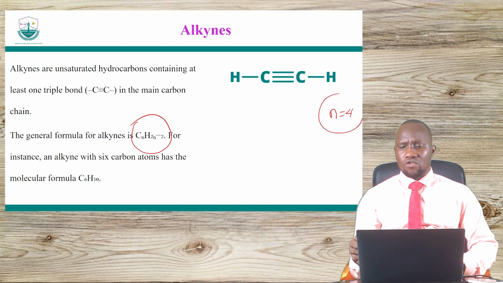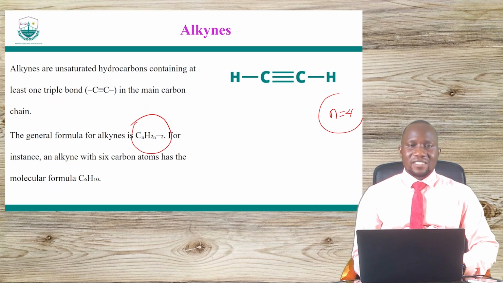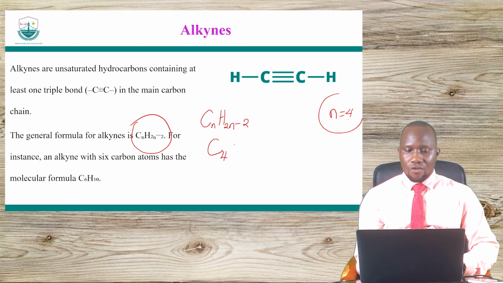If n is equal to 4, what alkyne will you have? So if n is equal to 4, with our general formula of CnH2n minus 2, if we assume that n is 4, you will have C4, and H2n will be 8, because it is 2 times 4, right?